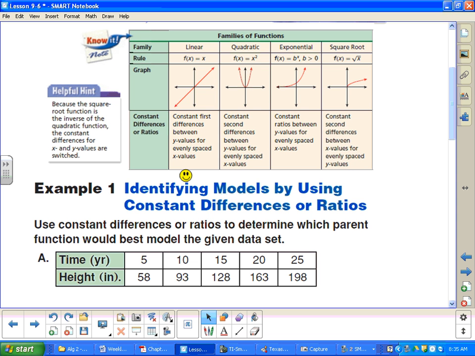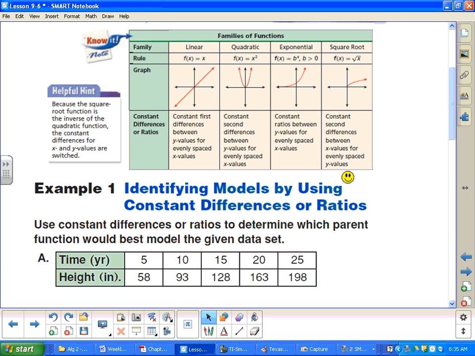If we look at a set of data and there are constant first differences between the y values with evenly spaced x values, we knew it was a linear function. If we had to do a second difference, then we knew it was a quadratic. If it ended up being ratios, which is what happened with exponential functions, so if the difference from one number to the next was a constant ratio, we multiplied by 3, multiplied by 3/5, okay? We knew it was exponential.